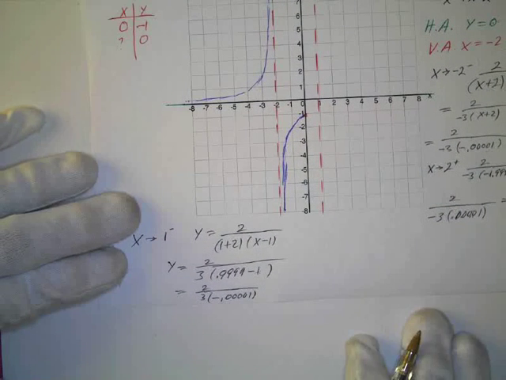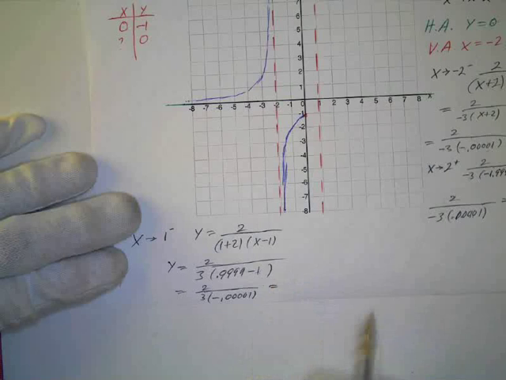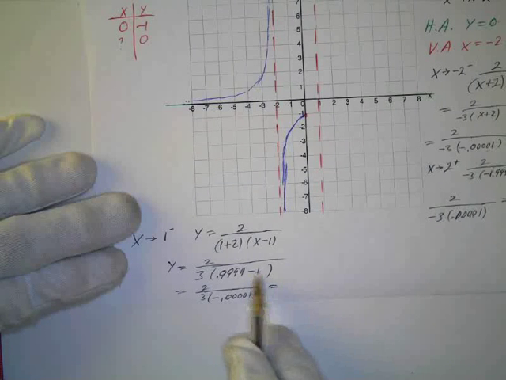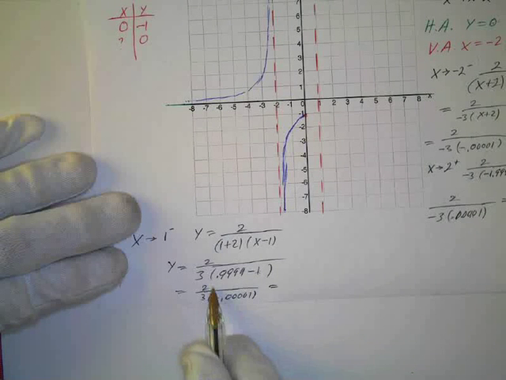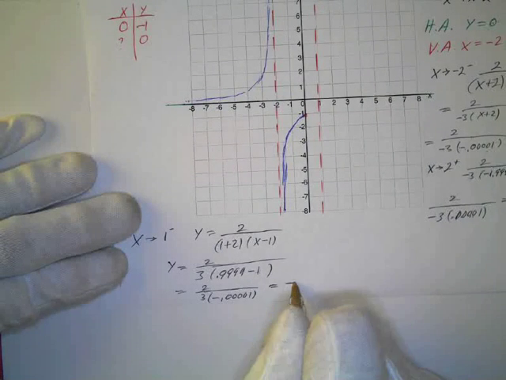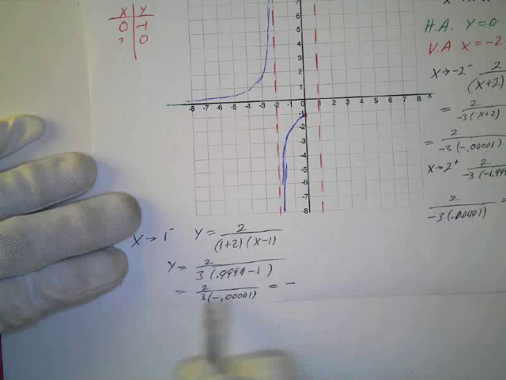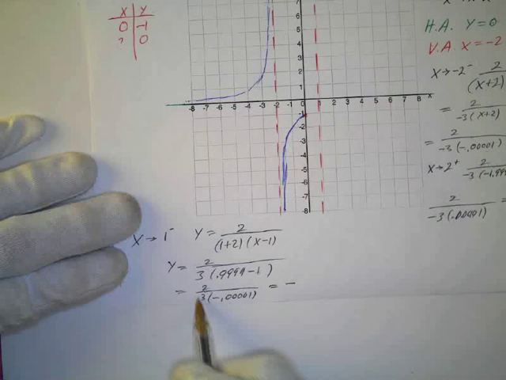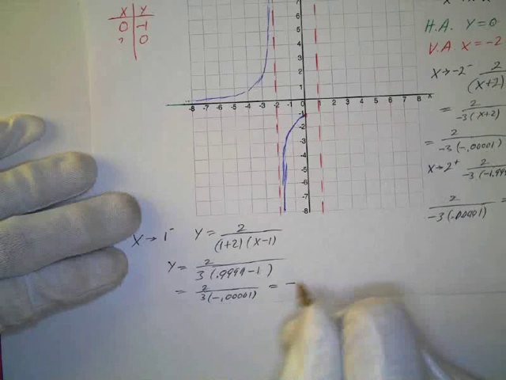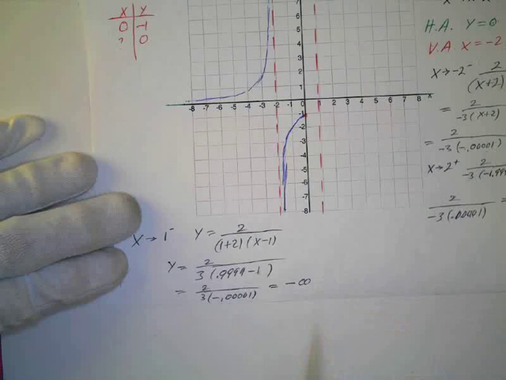Okay? Because 1 is bigger than 0.9999, so we use the sign of negative. And my sign overall, I just have one negative sign, so it's going to be negative, and I've got a number divided by a very, very small number. Even though it's 3 times a small number, it's still going to be a small number. That's inconsequential, so it's going to be infinity. So it's going to go down like this.